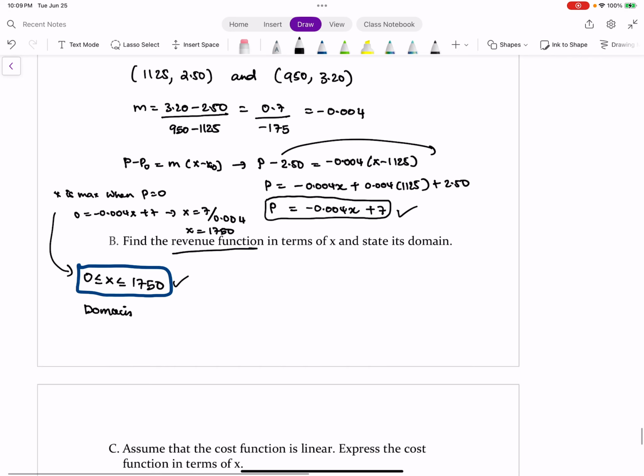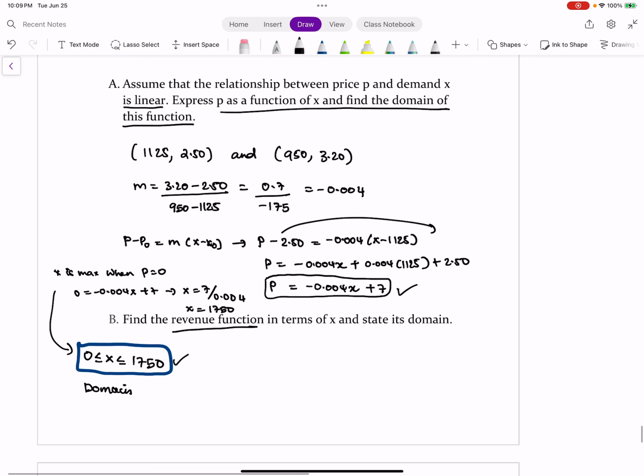All right. The second, find the revenue function. Remember, the revenue function R of x is price times x. The price function we already have: negative 0.004x plus 7, multiplied by x.